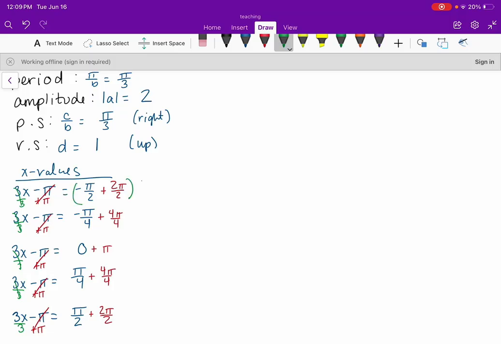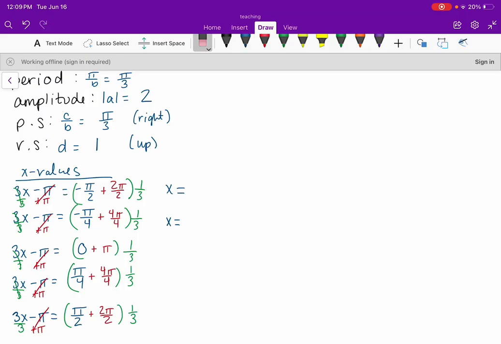I'm going to multiply each of these by 1/3. Now, if you like to show a little bit more work than me, that's perfectly fine. So this would be pi over 2 times 1/3, so pi over 6. This would be 3 pi over 4 times 1/3.